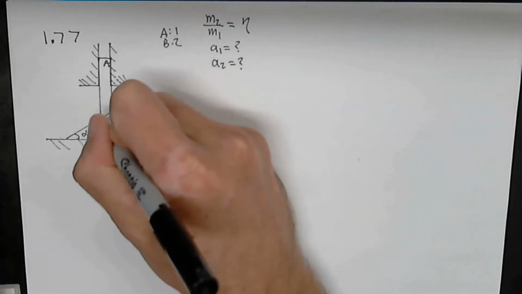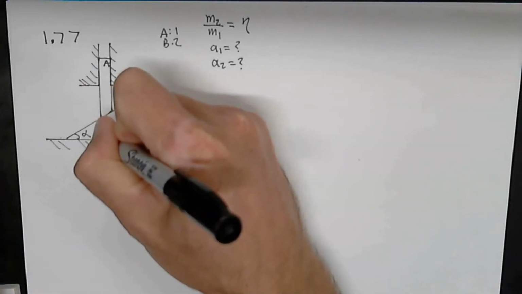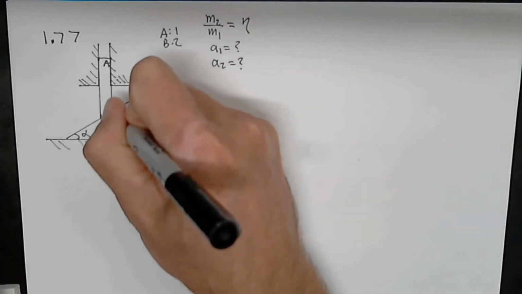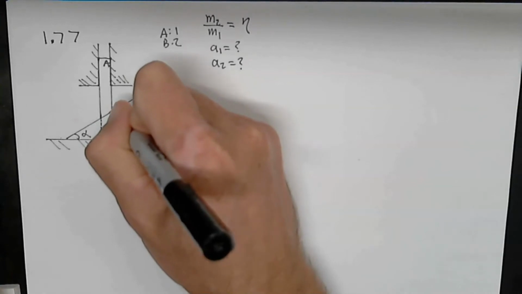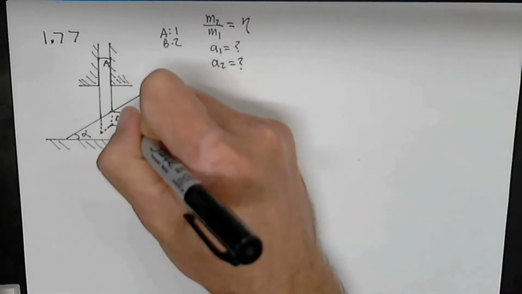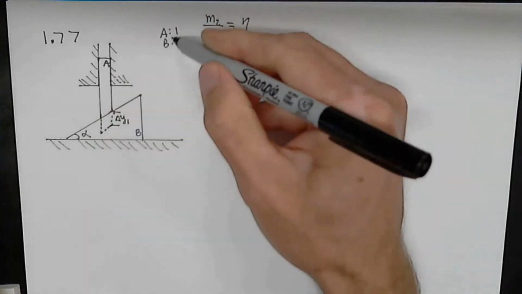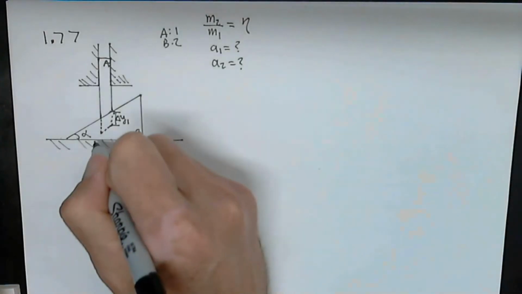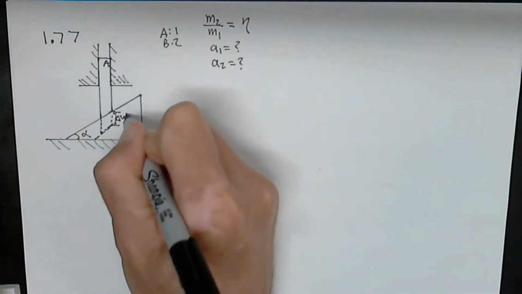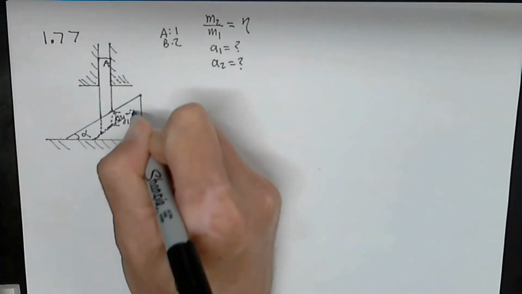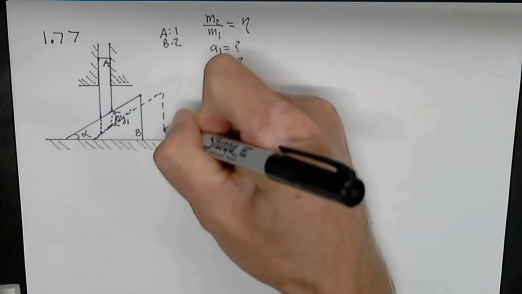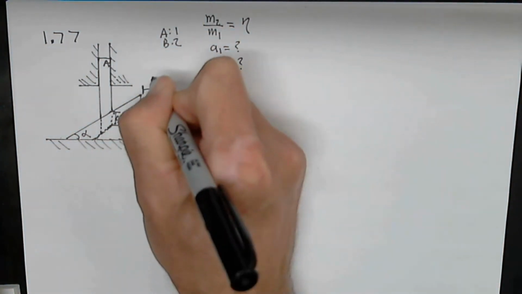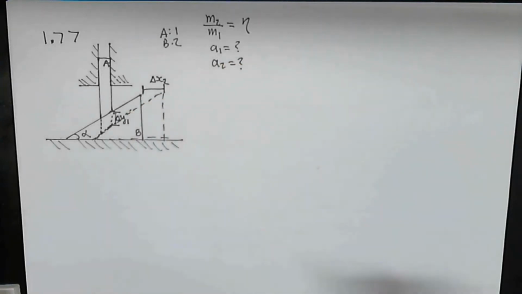When rod A moves down, it's obvious that it moved down by a delta y, and we put y1 because 1 is the rod and 2 is the wedge. Then the wedge moves only to the right.